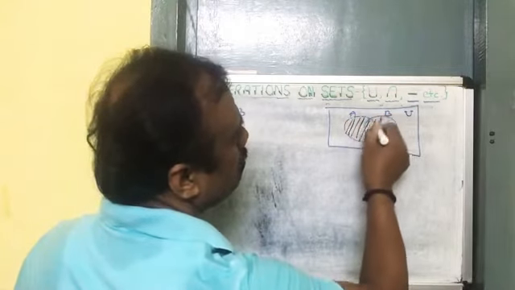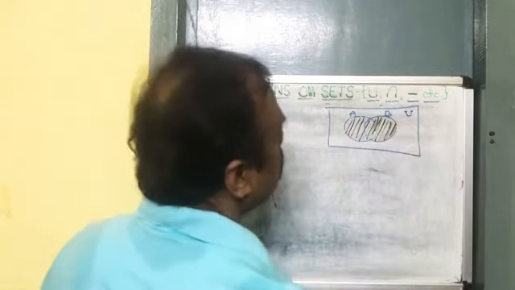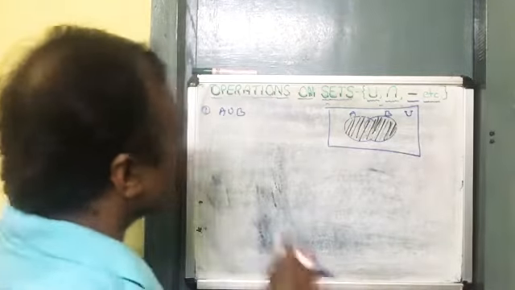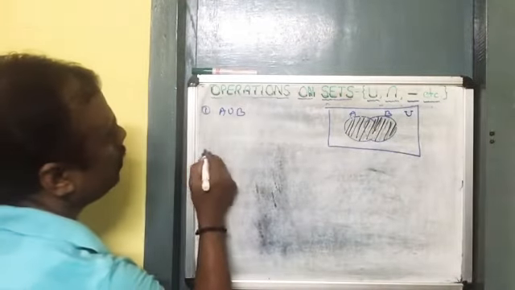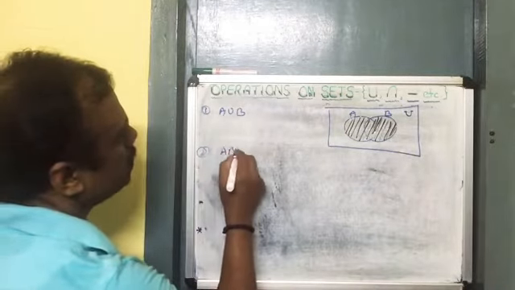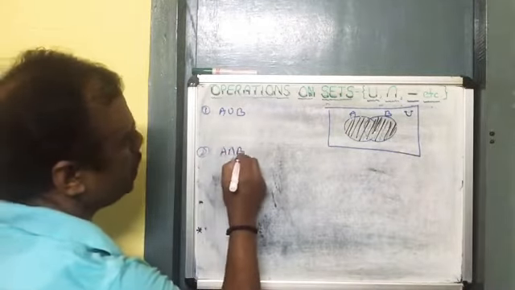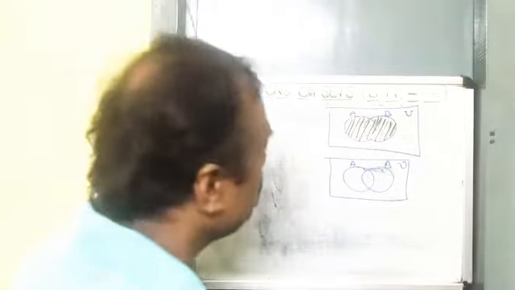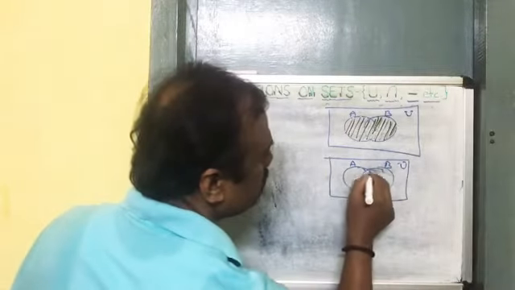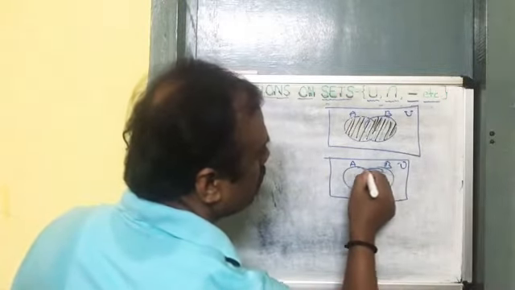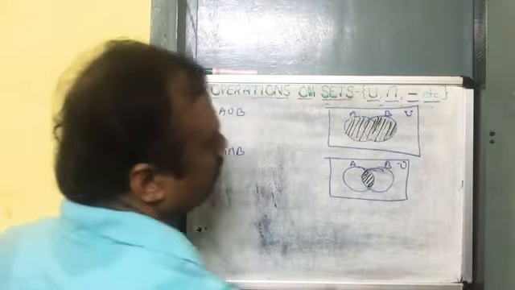Now for A intersection B, the second one, A intersection B will be the common area. So the common area will be A intersection B.